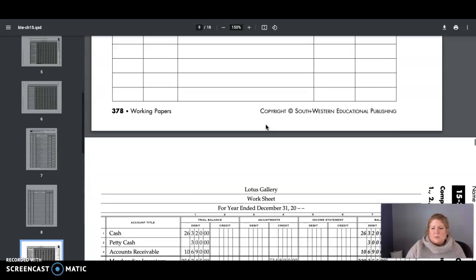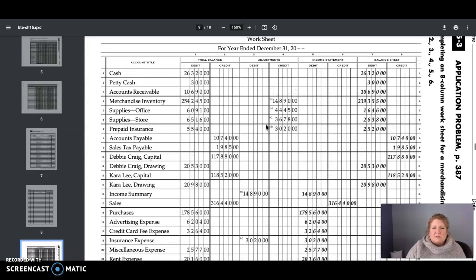And 15.3, based on those calculations, you were to complete the worksheet. Okay, so here is the completed worksheet for 15.3.